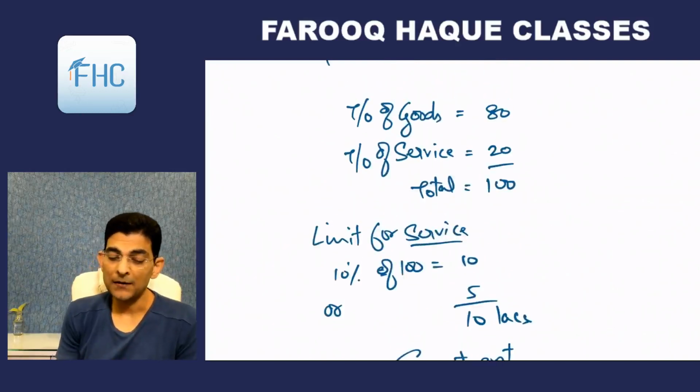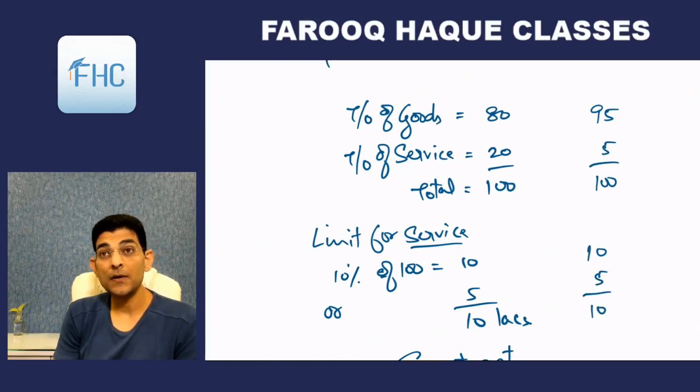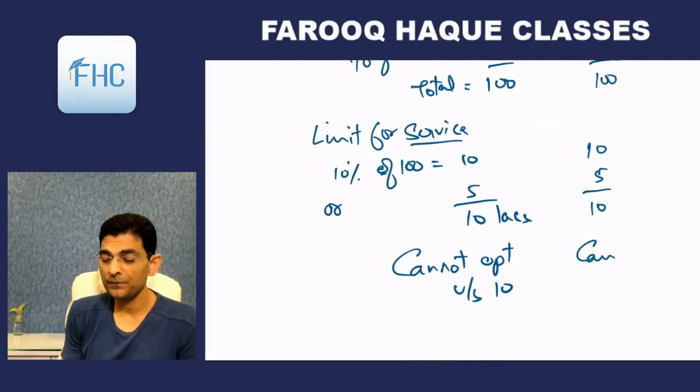Okay, but take another example. If this is 95 and this is 5, so total is 100. Limit would be the same, 10% of 100 is 10, or 5, whichever is higher is 10. So 10 is your limit and your service turnover is 5, it is below 10, so then you can opt under section 10.